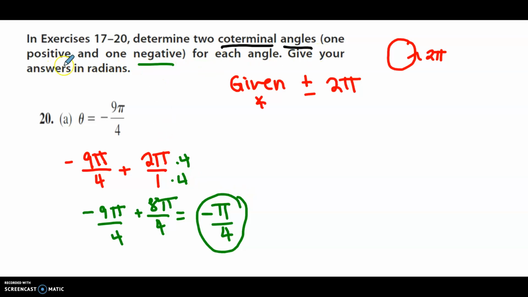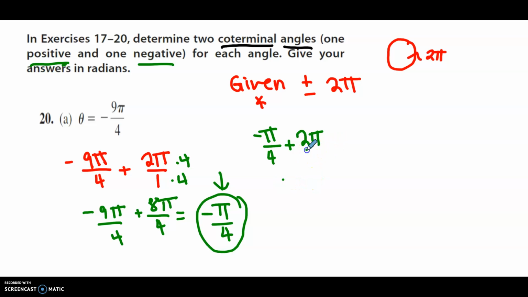Well, I'm looking for one that's positive. So that means I'm going to take my negative pi over 4, and I'm going to continue to add another 2 pi. If I had, let's say, a positive, I would then go back to the given angle and subtract 2 pi from it. But because I came out after adding 2 pi with a negative, I need to continue to add 2 pi to get out of that negative range.